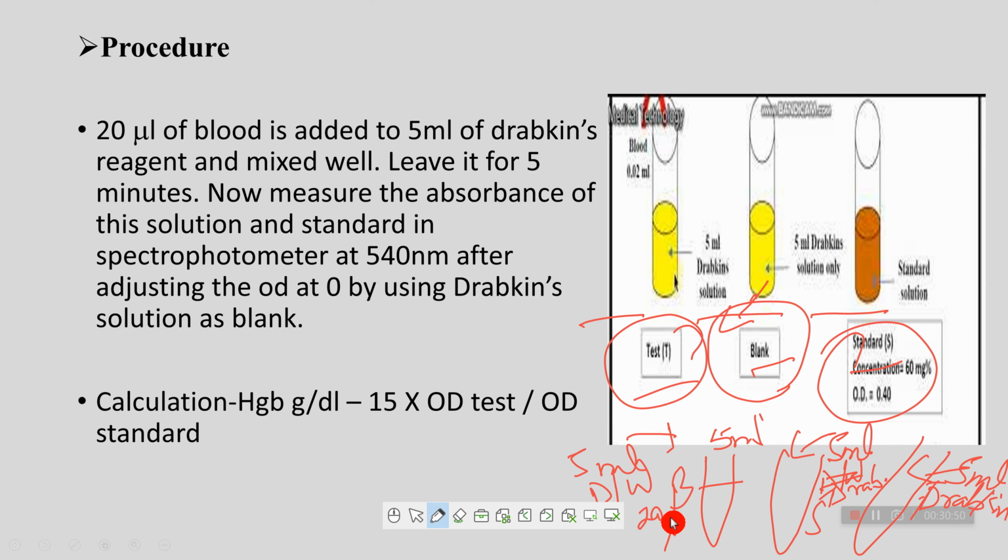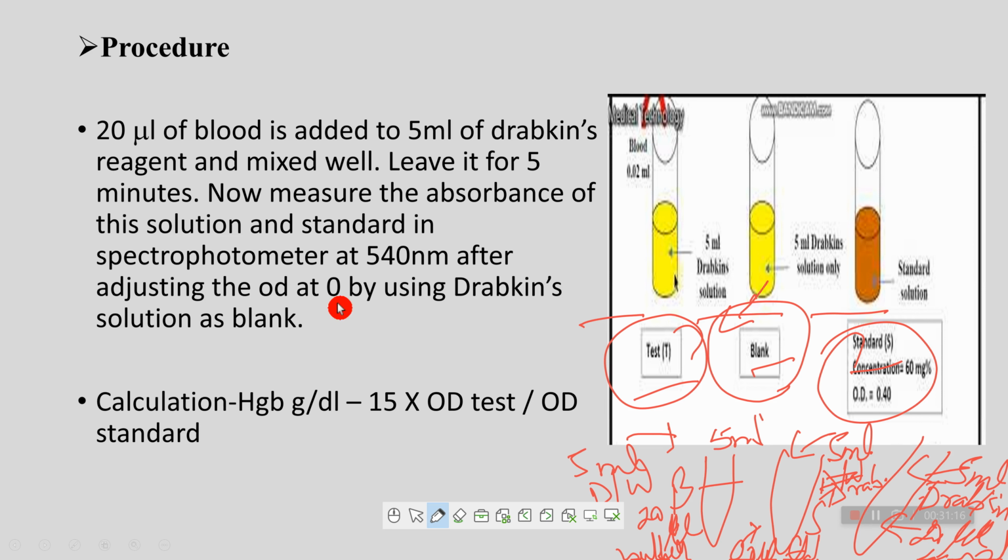So in the blank we add 20 microliter buffer, in the standard tube 20 microliter standard solution, and in the test tube 20 microliter of blood sample. So the volume is maintained.